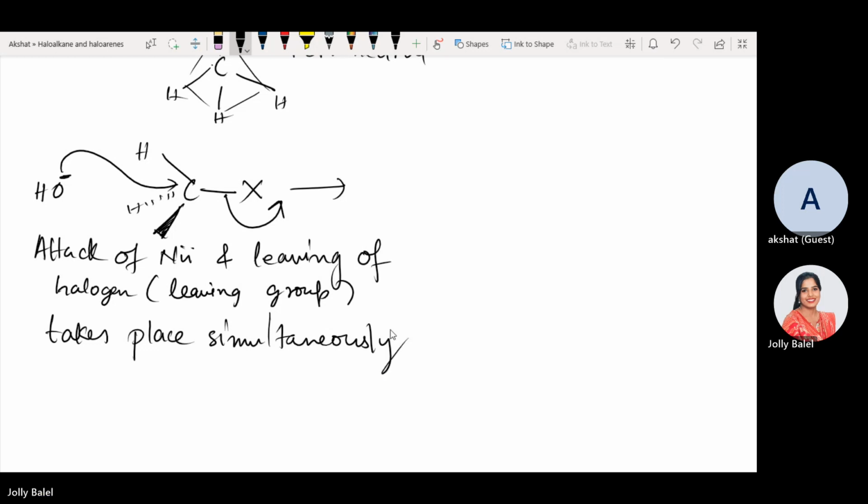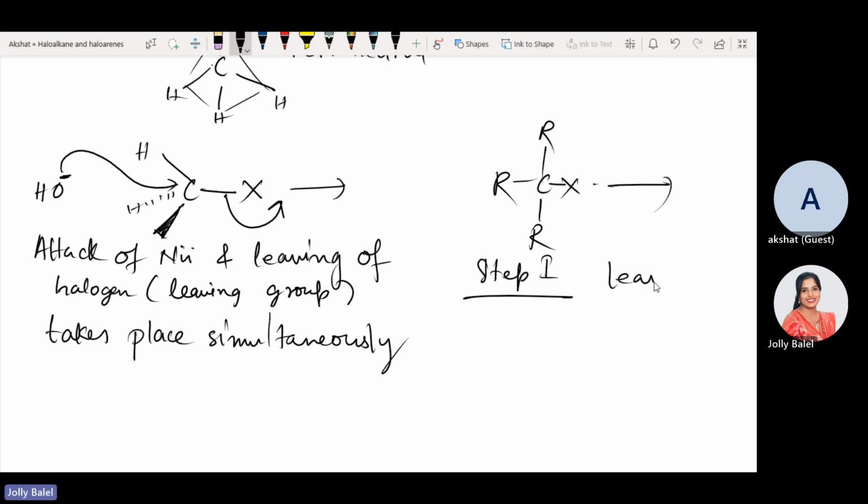But in case of SN1, the two processes take place in different steps. In the first step, the leaving group leaves, generating a carbocation.